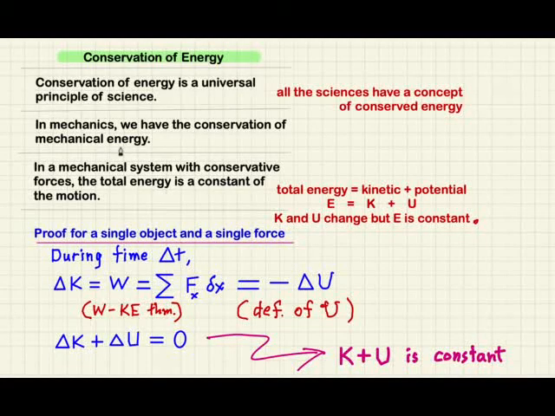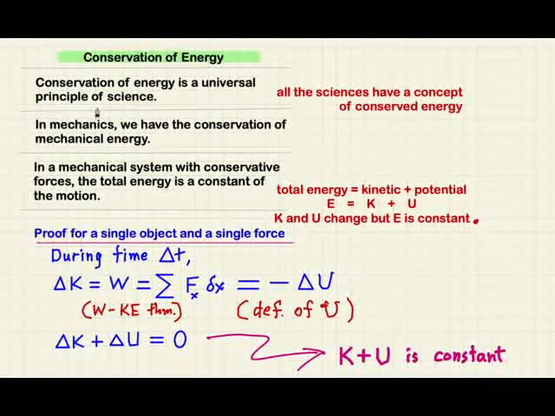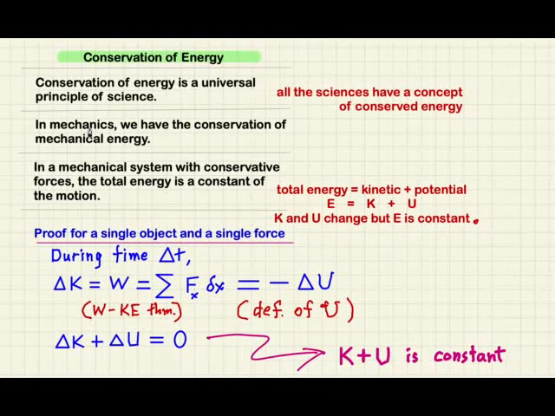Well, actually, there are many kinds of potential energy, because for each conservative force, there's an associated potential energy. But all the energies that we encounter in mechanics can be divided into kinetic energy, the energy of motion, and potential energy, the energy of position.